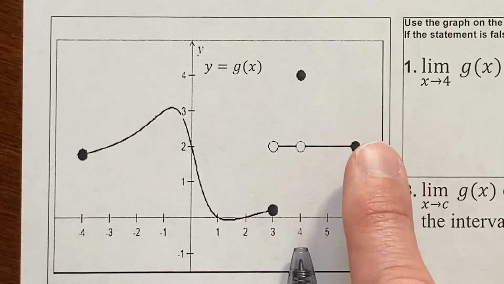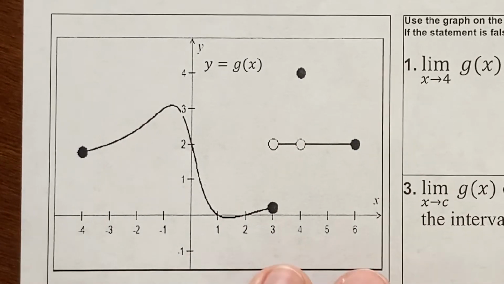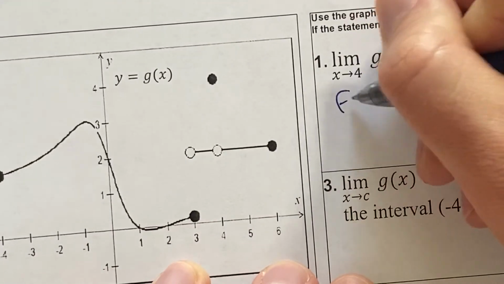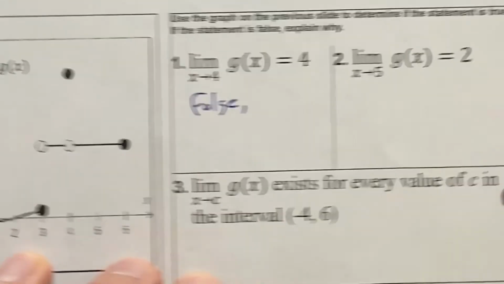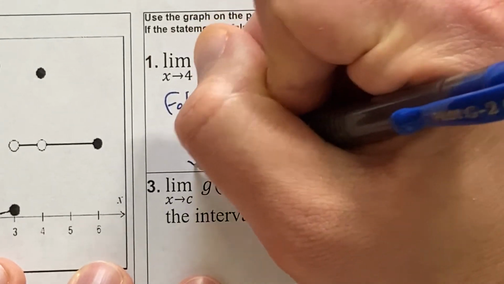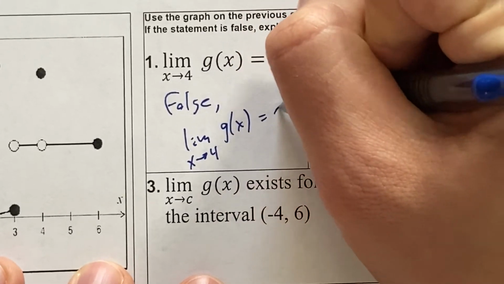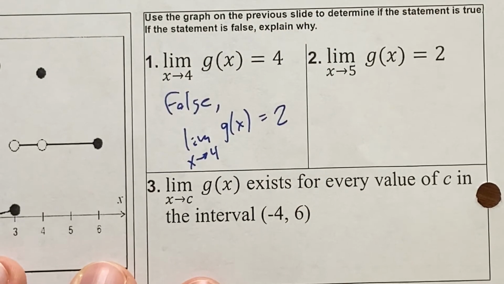As x approaches 4 from the right side, it looks like I'm getting 2 again. So this one's false. Let's write it as the limit as x approaches 4 of g of x equals 2, not 4.